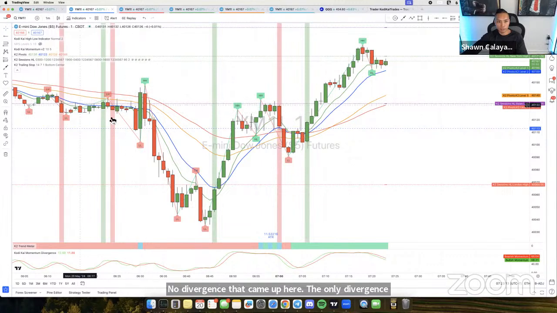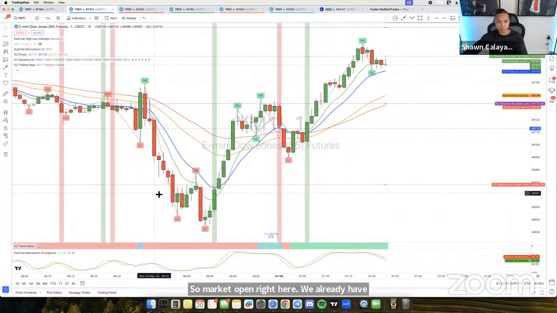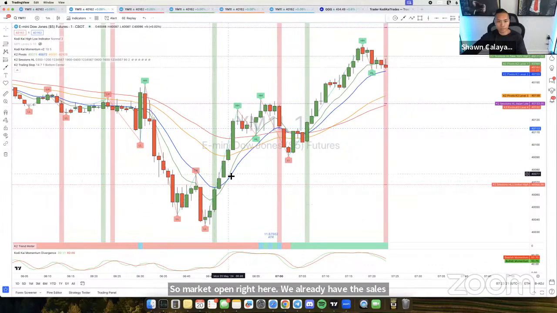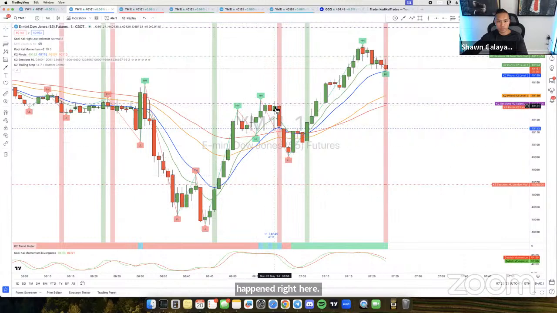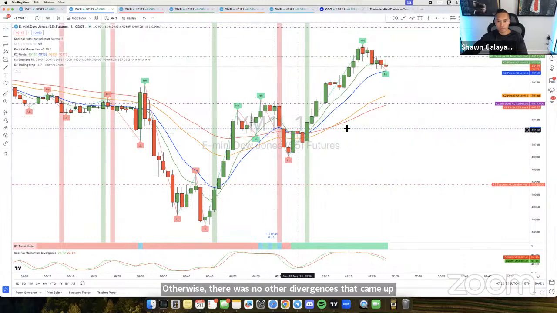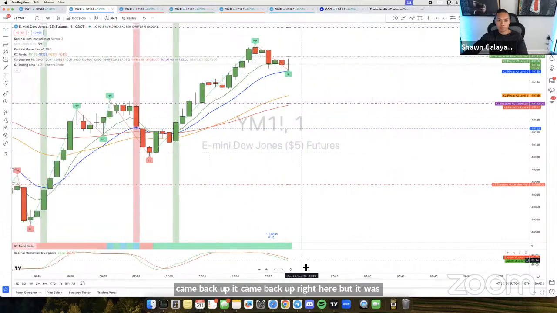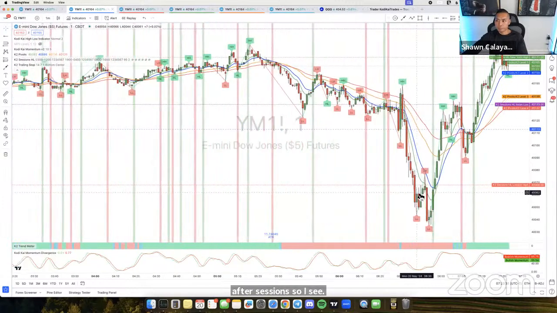So market open right here, we already had the sell signal, consolidation, and there was one divergence that happened right here. Otherwise, there were no other divergences. Price broke out this way, but it never retraced and shot back up. Same with this over here: it consolidated and pushed up right here, but it never really came back. It came back up right here, but that was at the session, so obviously not good for us to trade around.